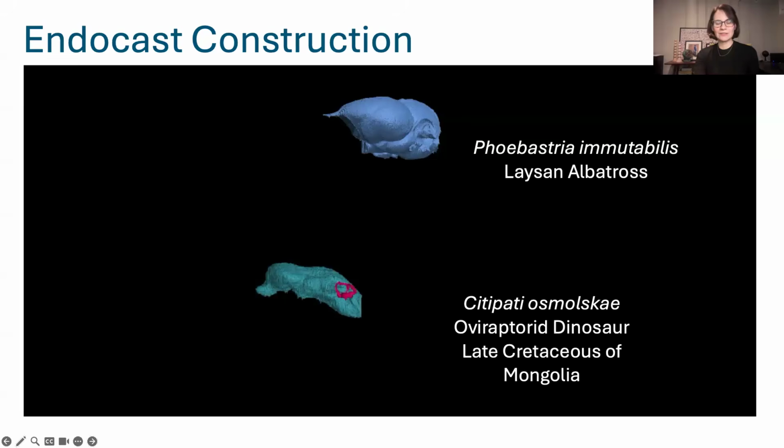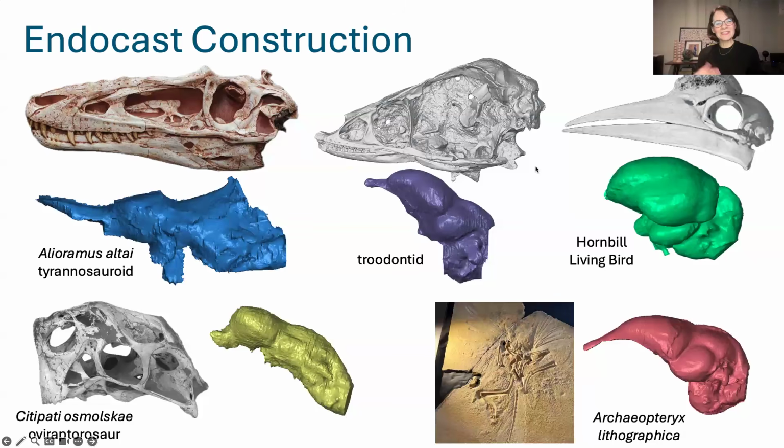And now we have an idea of what its brain looked like during its lifetime, which I still find kind of amazing. All right, and here's just a display of some of the endocasts of some of these non-avian dinosaurs, except for the hornbill over here, which is a living bird.